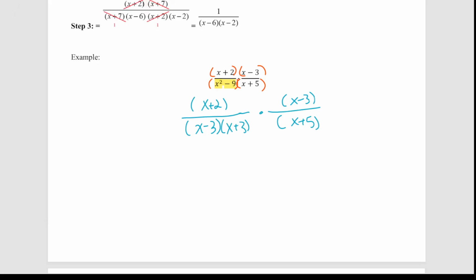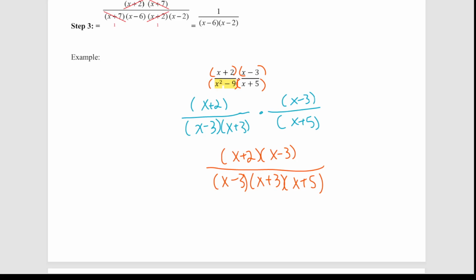Now I'm going to multiply across my numerators, which is going to give me x plus 2 times x minus 3, all over, multiply across my denominator, x minus 3, x plus 3, x plus 5. Notice how I'm not making my life more difficult and trying to FOIL this all out. That's not the point. The point is to really understand how these fractions are playing with each other.